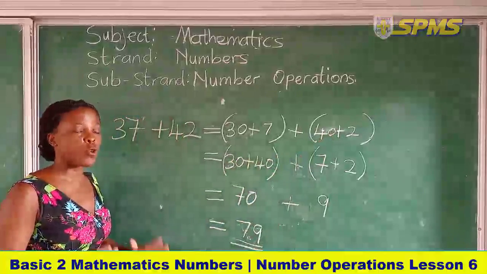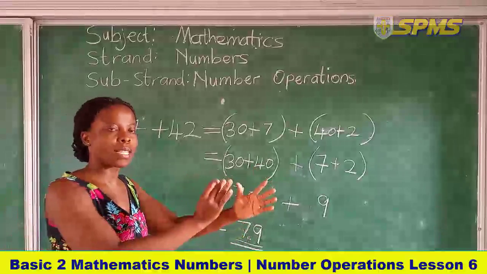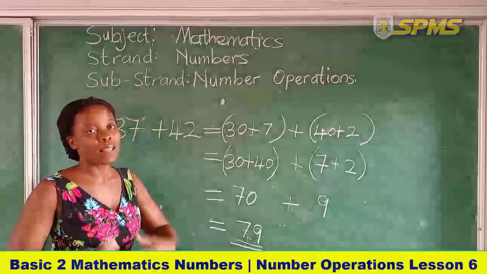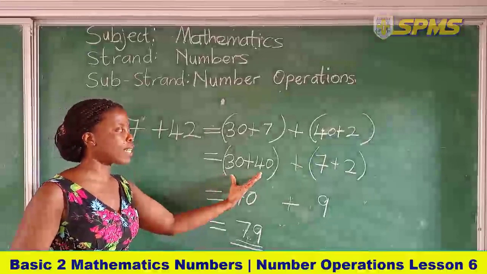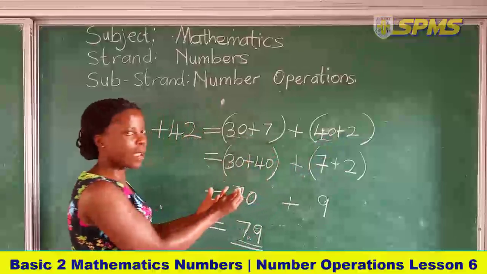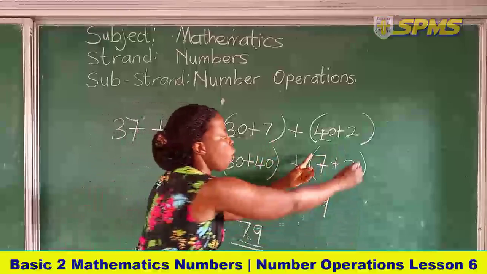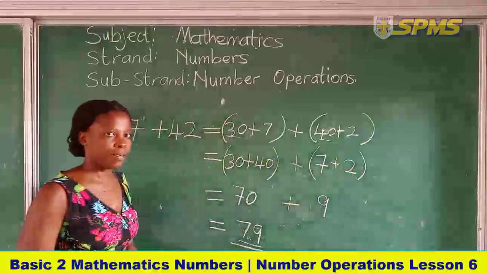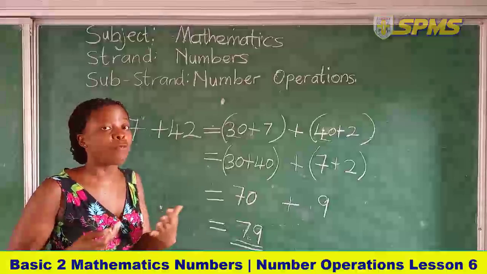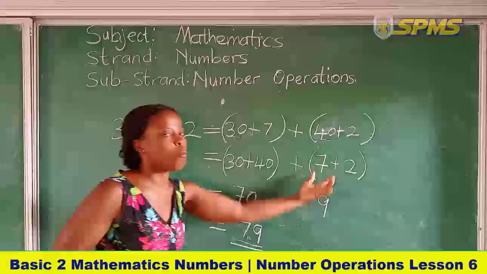Then what next? You group like tens. All the tens will be at one side and all the ones will be at the other side. So all the tens are here. The 30 and the 40 are in this bracket. Then the ones too, the 7 and the 2 are also in the second bracket. Now it becomes very easy for you to add in tens and in ones.